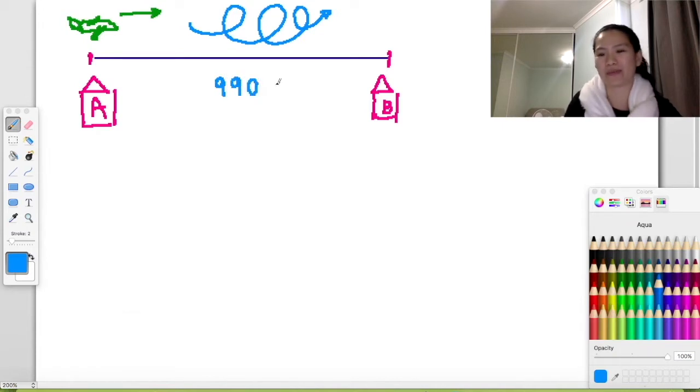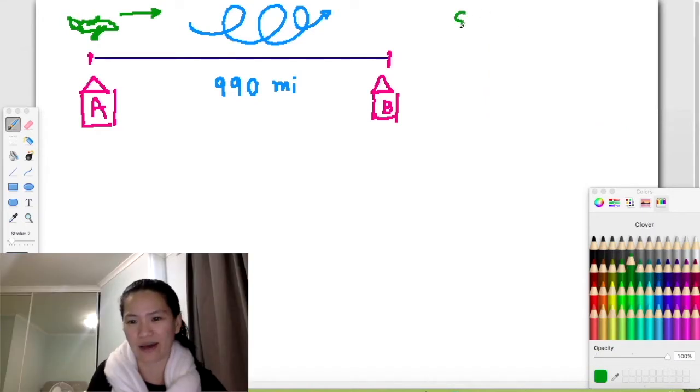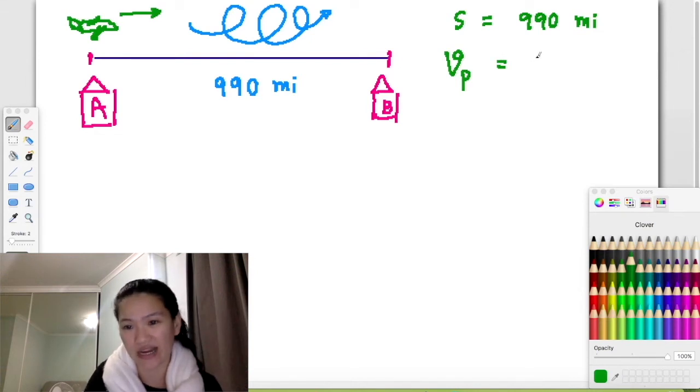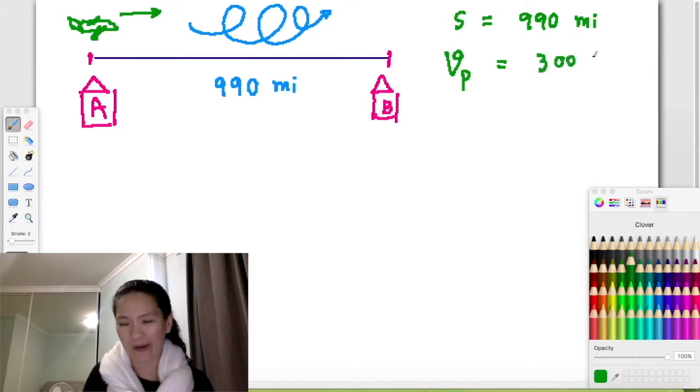Do you remember this one? So you know S equals 990 miles. And VP, the speed of the plane, is 300 miles per hour.